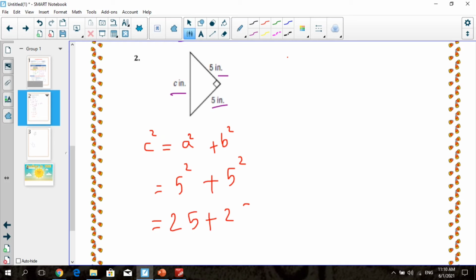And 25 plus 25 equals what? Great, that will be 50. So if I want to find the length of C, that will equal? Great, so C will equal the square root of 50. Great job, excellent. Now let's see the next question.